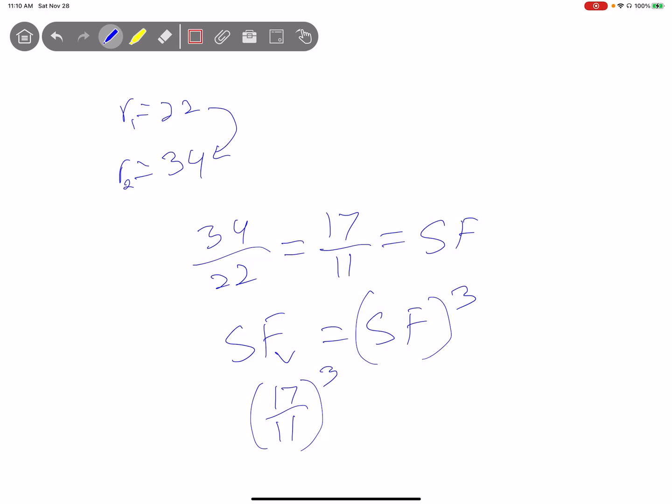And 17 cubed ends up giving me 4,913 over 11 cubed, which ends up giving me 1,331.